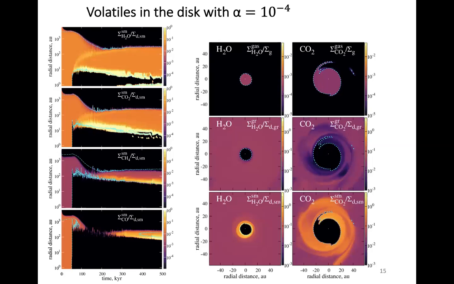And we can see that the accumulation of volatiles on small dust is even stronger in this model. There are much more ices on small grains. Spirals are less noticeable here, but they also lead to the accumulation of ices.